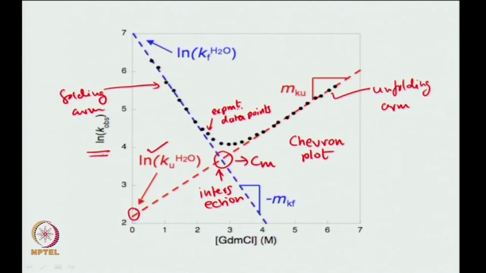On the left side, you have the folded form, which is being fit to ln Kf H2O minus m times d, and that is why mKu is positive in this case. The slope is positive, and for mKf it is minus mKf. That means for the folding arm the slope is negative, because Kf decreases if the concentration of D is increasing.